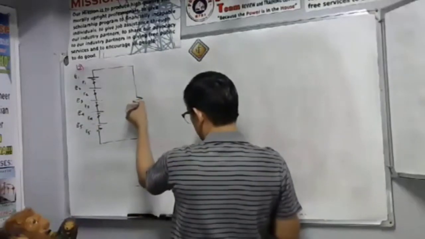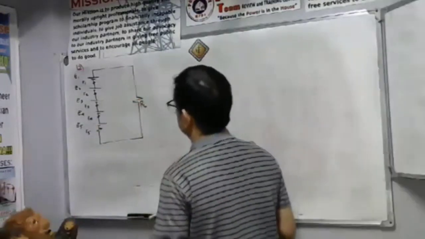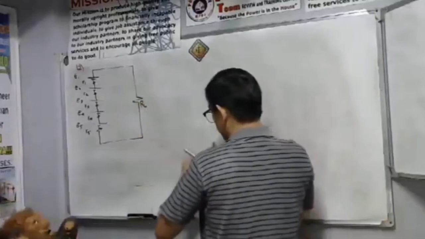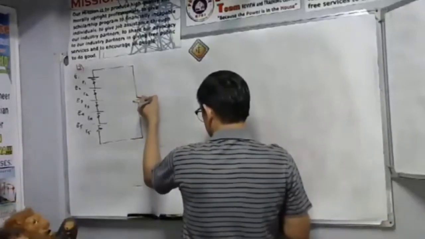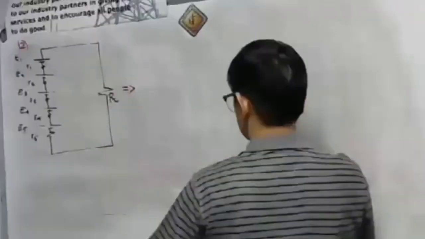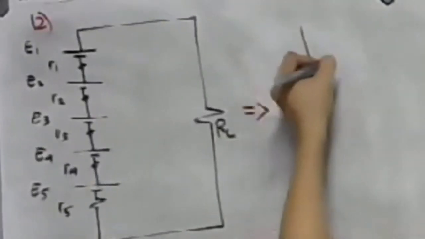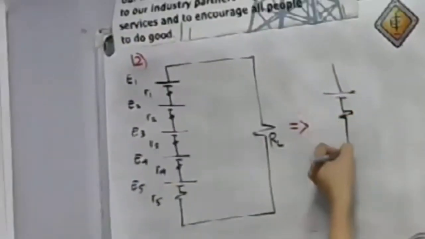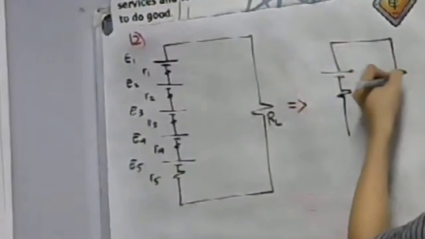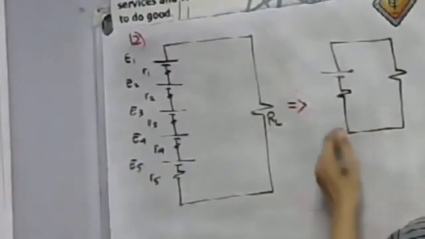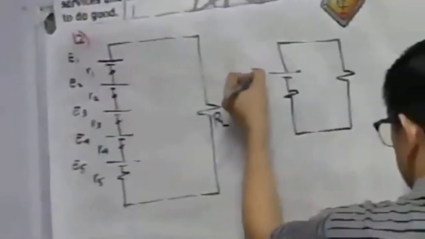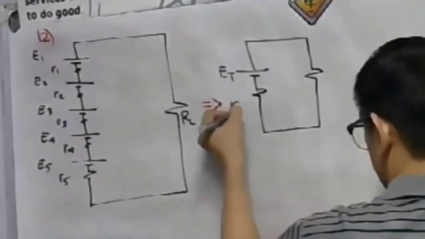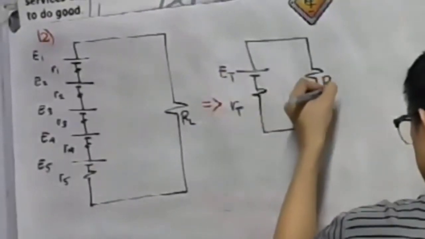So we have here our load resistance. Of course, there is an equivalent circuit here. So this is our E total, R total, load R_L.